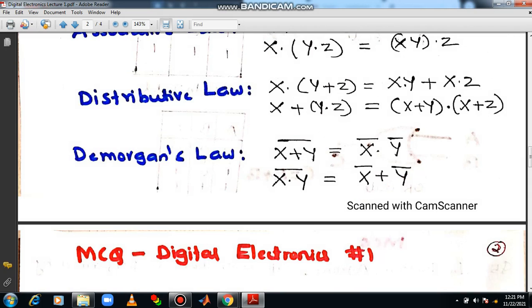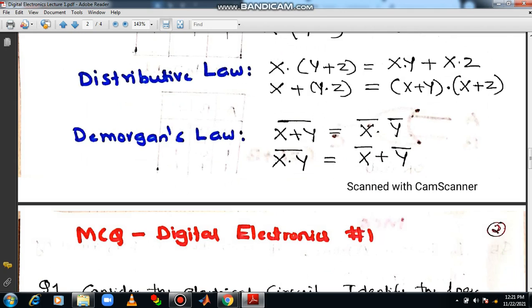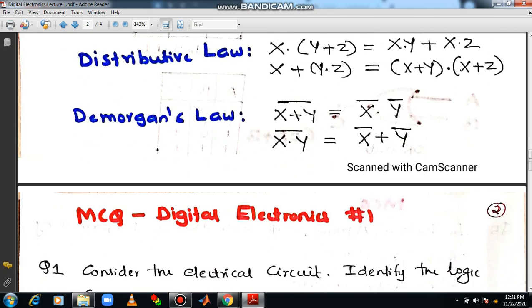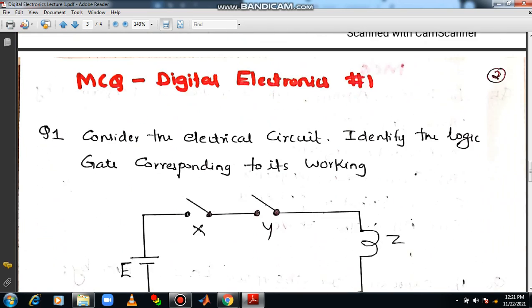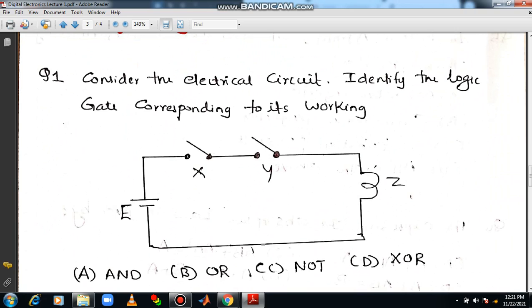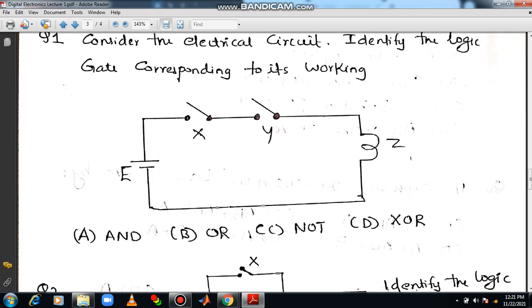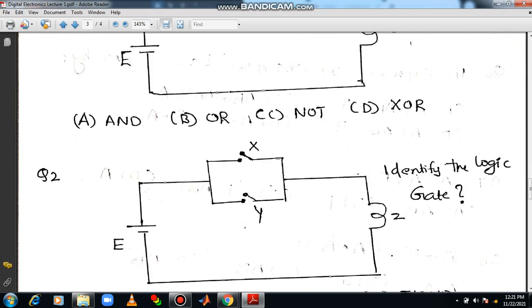Now let us solve some numerical examples. First I will be solving 4 numerical examples, and the remaining part I am going to continue in another 6. Okay, so first you see the 4 questions. There is a circuit diagram given, and you are asked to find out what logic gate is behind this.